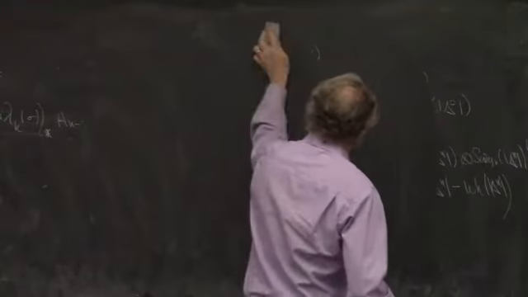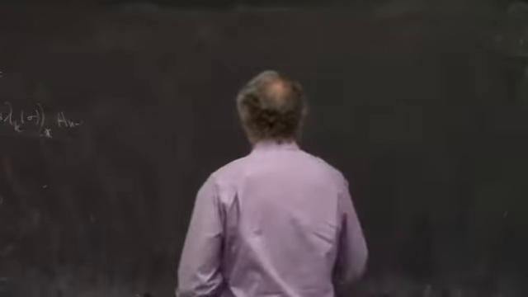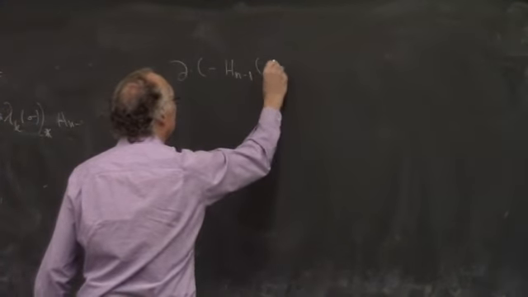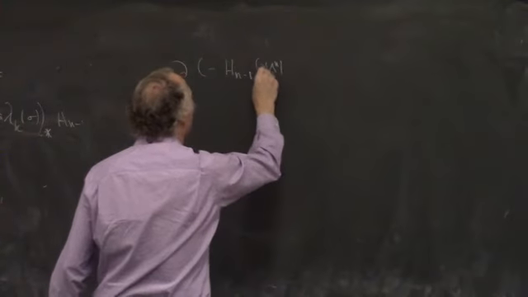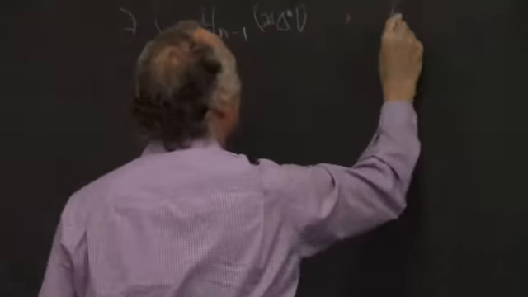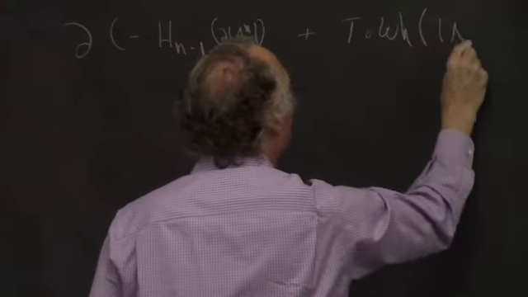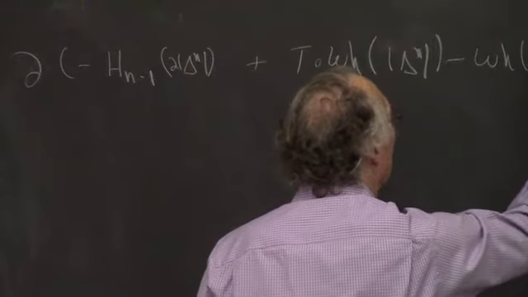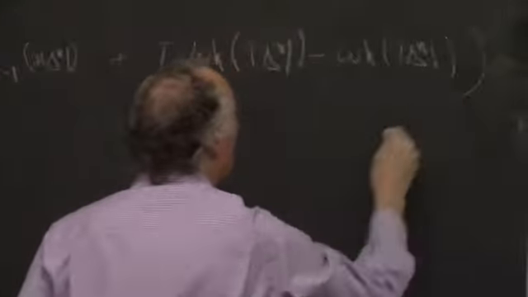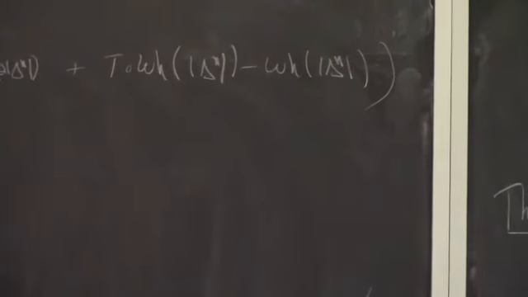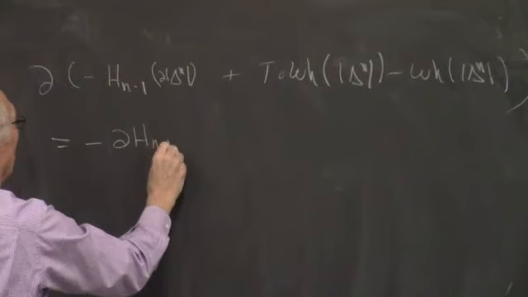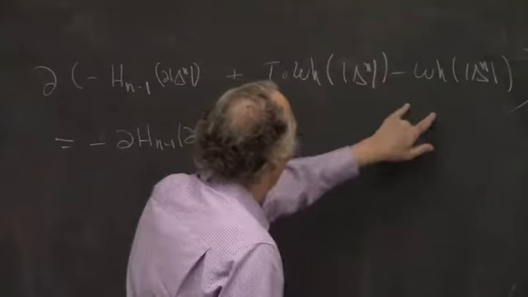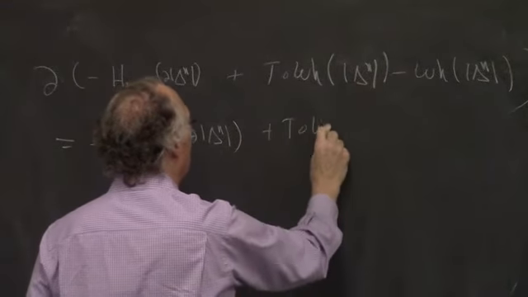Well, let's take the boundary of the right-hand side. Boundary of minus H_{n-1} of boundary delta n plus T composed with Whitney of delta n minus Whitney of delta n. Well, this is minus boundary H_{n-1} of boundary delta n. These are chain maps, so I get to push the boundary through.